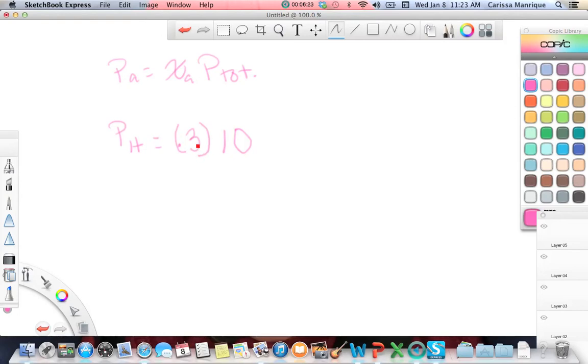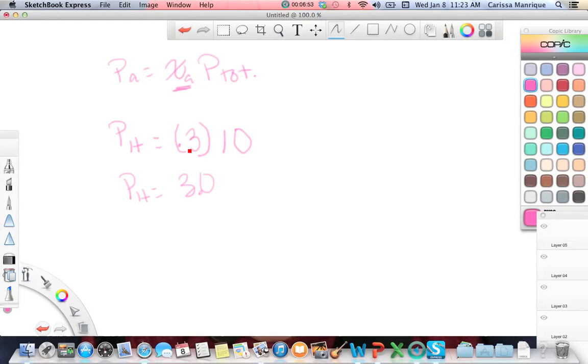Because that's the moles, because it takes up 30% of the volume, 0.3 is 30%, and you multiply that by the total, so that tells you that the pressure of that is 3. So basically this tells you how much pressure is exerted by that individual particle.